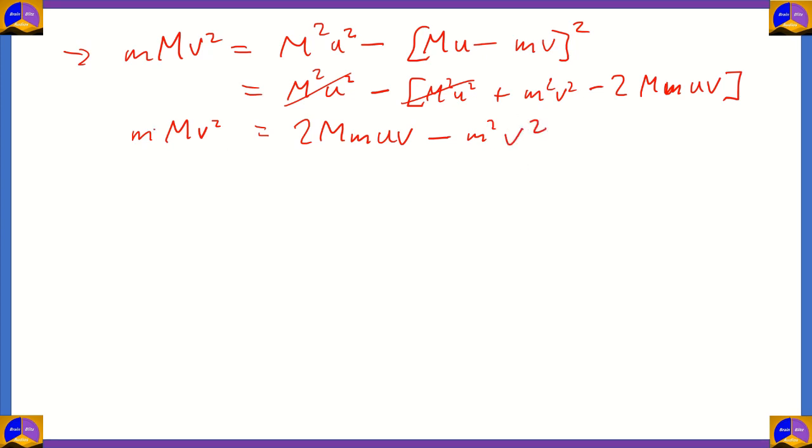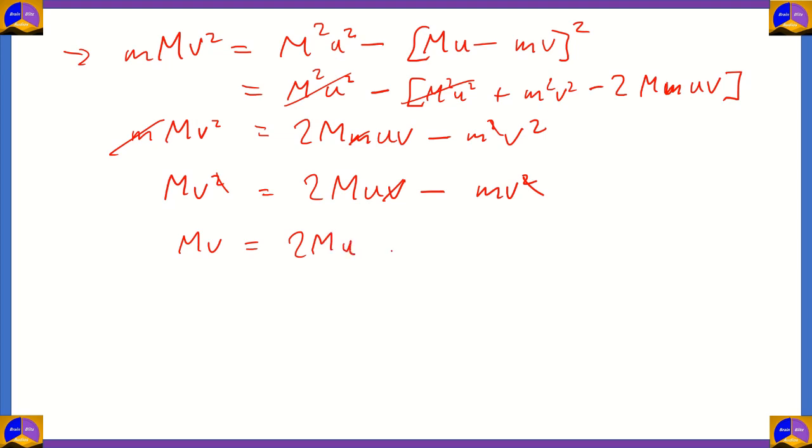So over here m is common, so we cancel that out. So M v squared is equal to 2 M u v minus m v squared. So again we have v as common, so one of the v's gets cancelled out from both sides, so you get M v equals 2 M u minus m v.